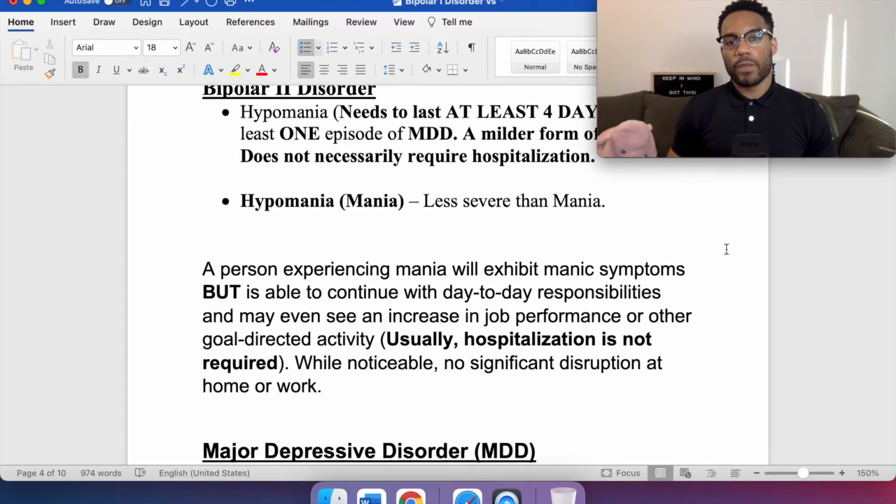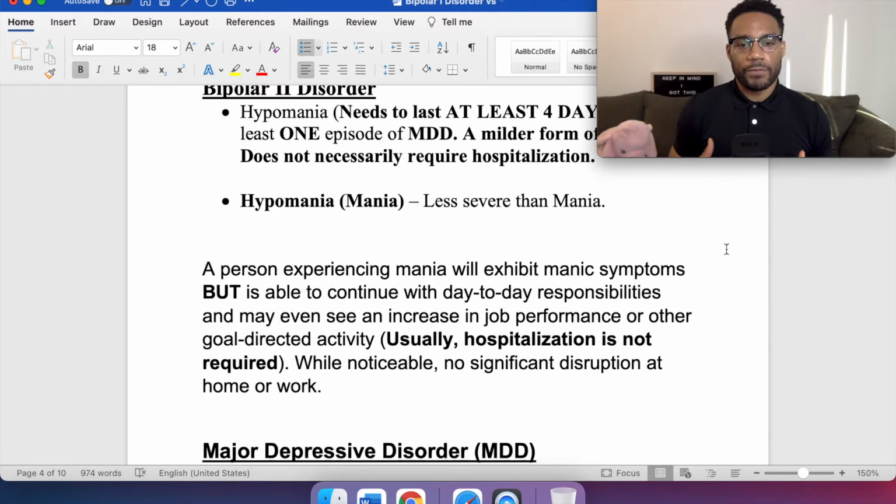So when I worked with clients in the past who experienced hypomania, they've reported similar things where they say, hey, I had this surge of energy. I was able to get certain tasks done. I was more productive at work, more productive at home, etc. But that crash usually follows, which is that MDD, the major depressive disorder, that period of time.